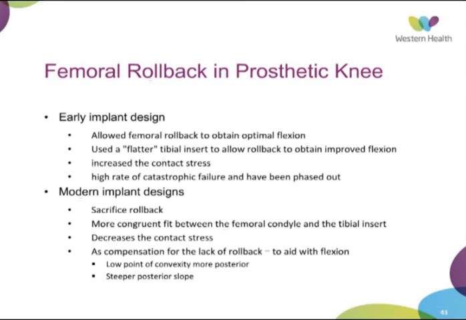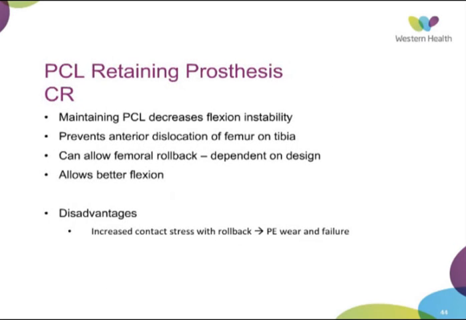As a compensation, the designs have made the low point of convexity more posterior, which aids with flexion, as well as providing some posterior slope on the tibia to allow more flexion. So our cruciate retaining prostheses, they maintain the posterior cruciate ligament, obviously, and this decreases instability and flexion by preventing the femur from dislocating anteriorly on the tibia.